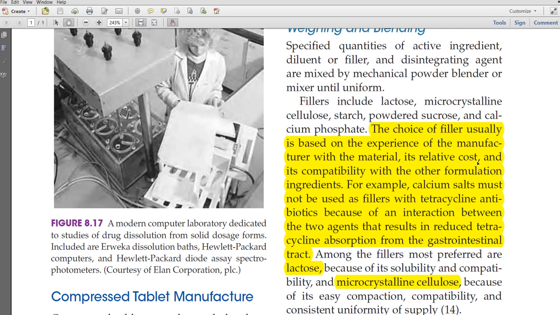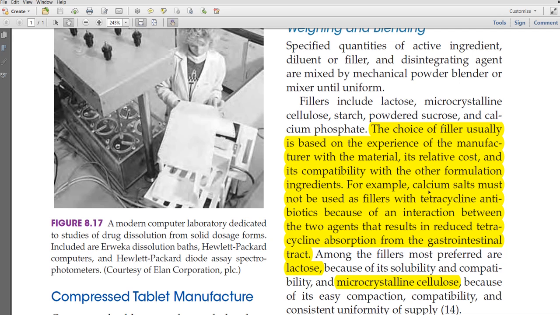Another factor that affects the choice is the cost. Another factor is compatibility with the other formulation. For example, I cannot add dibasic calcium phosphate, which is a calcium salt, to a tetracycline antibiotic formulation. Why?